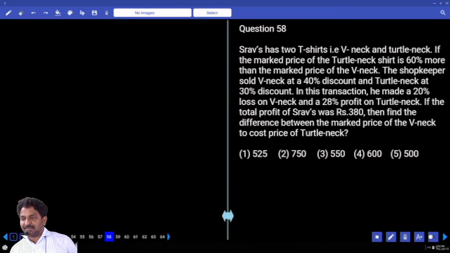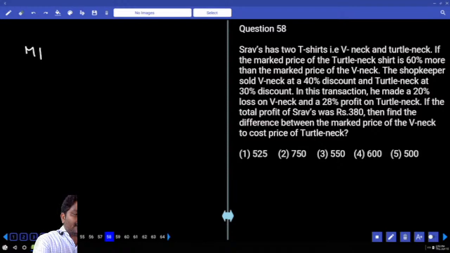He made a 20% loss on V-neck and 28% profit on turtleneck. If the total profit of SREEDHAR'S was 380, find the difference between the market price of V-neck and the cost price of turtleneck. So now they are talking about market price, selling price, and cost price.